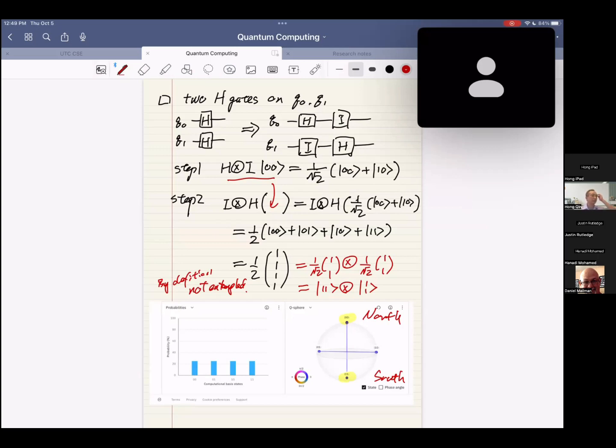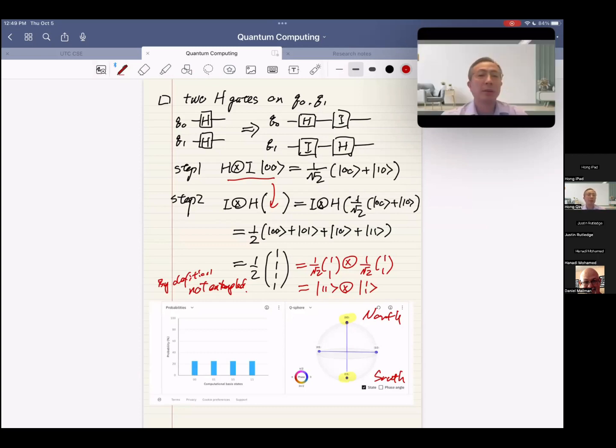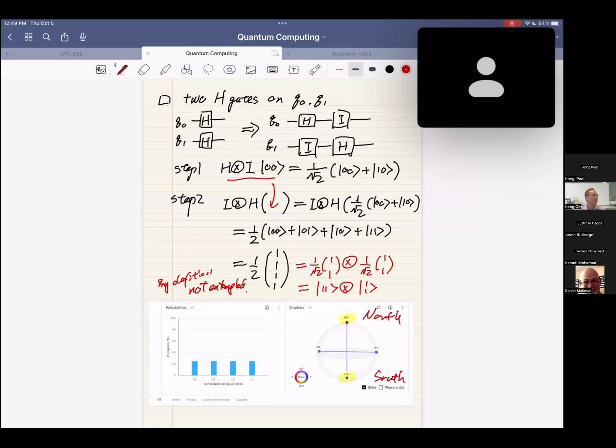The Hadamard and the identity. And then we did the tensor product in this case. Why did we do the tensor product here and there we didn't? It makes sense if it is parallel, like H and H, directly making the tensor product instead.